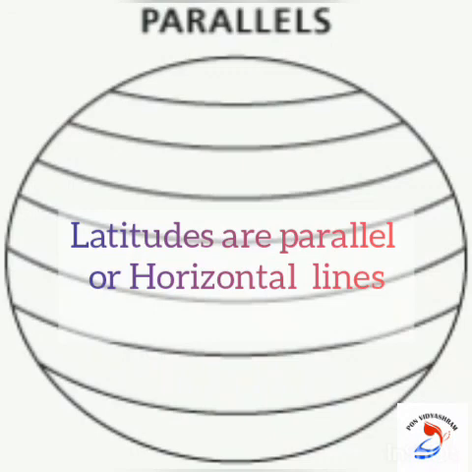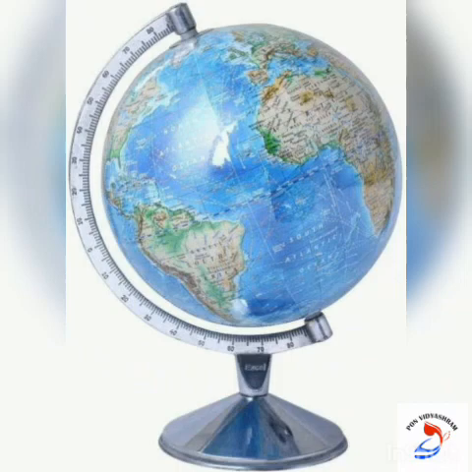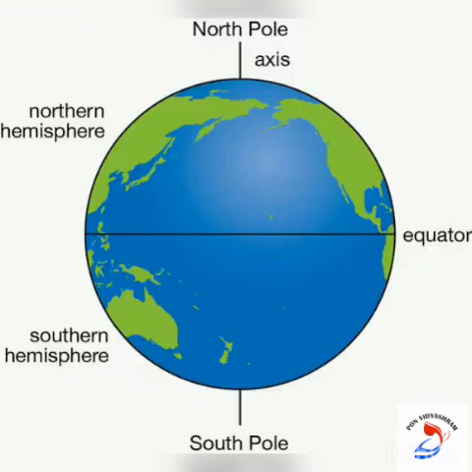You will notice that a needle is fixed through the globe in a tilted manner, which is called its axis. The 2 points on the globe through which the needle passes are the 2 poles. The upper pole is called the North Pole and the other one is the South Pole.